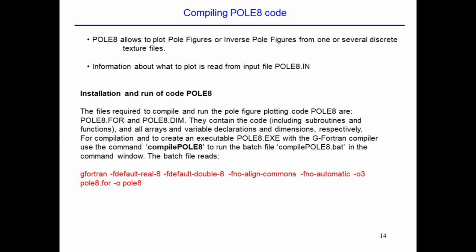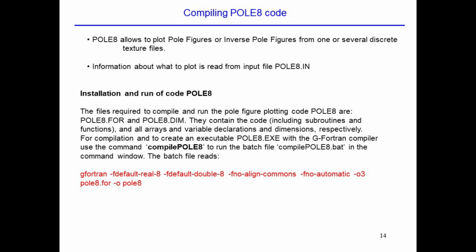In the package that we distributed, there is a folder called Pol8, and you should go into that folder. The code is there, but the executable is not distributed, so you will have to compile the code. For that reason you are going to run a batch file which is called compile Pol8, that should be in your folder, and that file essentially is a gfortran compiler command with some switches that have to do with telling the code what to do or what to ignore.